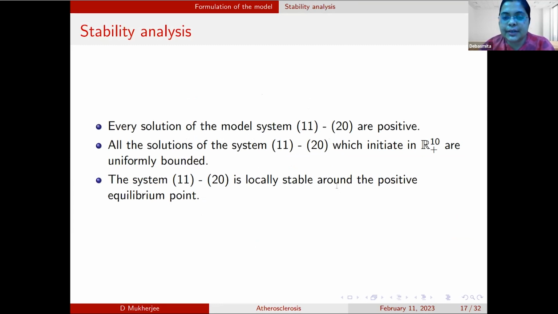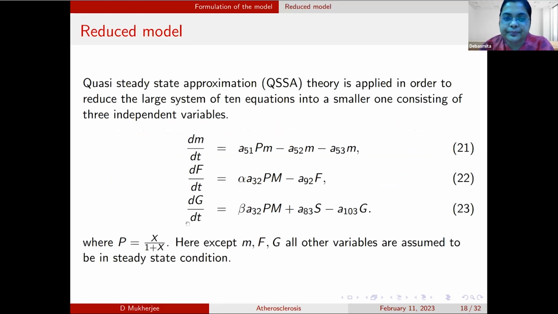Once the model is ready, we have to see whether the solutions of this model system are positive or not. That has been proved, and then we have proved that all the solutions are uniformly bounded, and also we have done stability analysis around the positive equilibrium point. It has been found that it is locally stable.